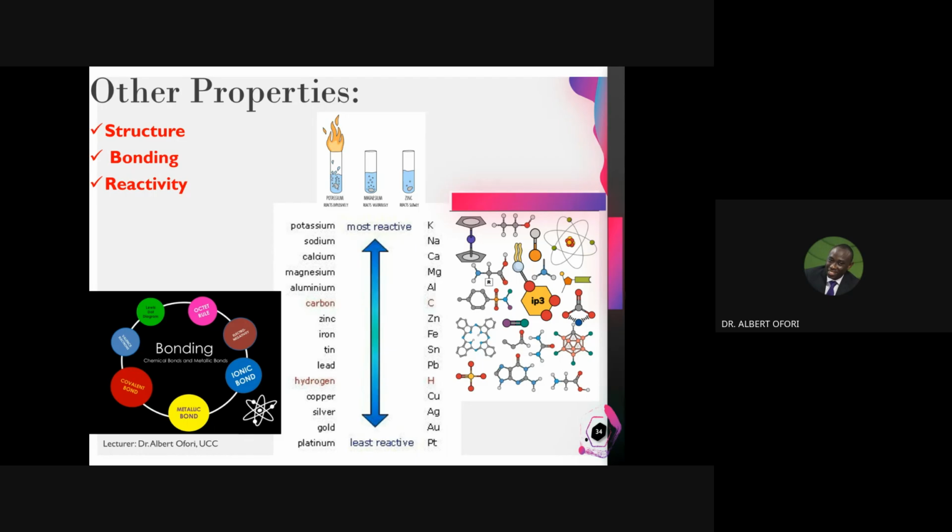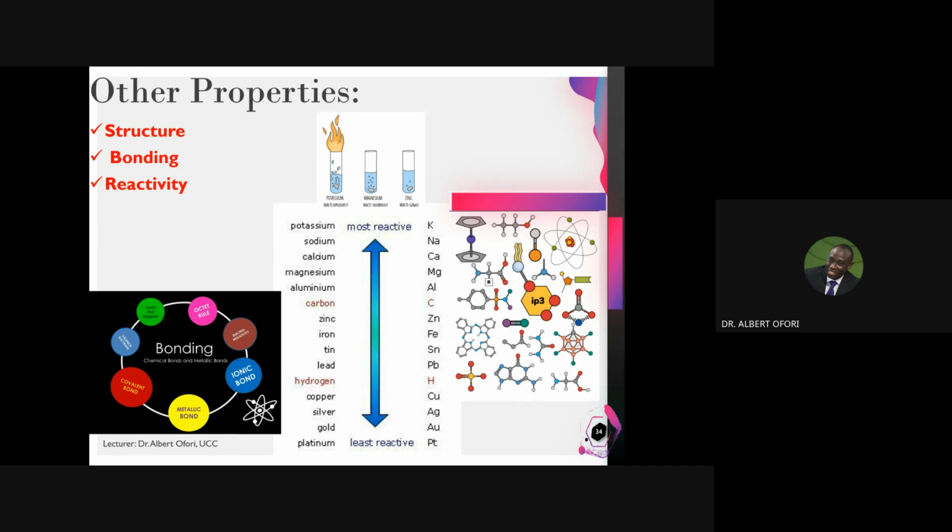Okay. So some elements are more reactive than the others. So we have what you call the reactivity series, which shows how some elements are more reactive than the others. And of course, reactivity basically has to do with the valence electrons, how they are going to be engaging their environment, how easily or how difficultly they can engage, which leads to what we call reactivity.